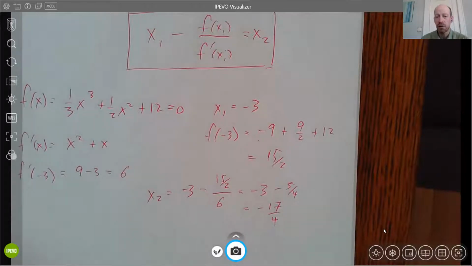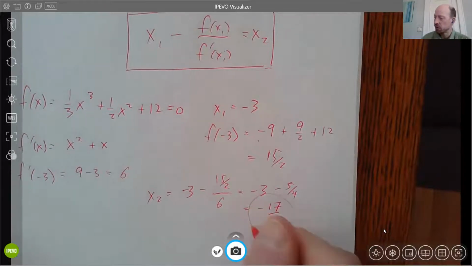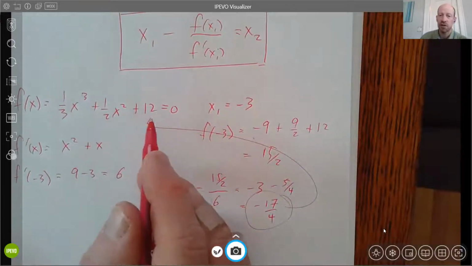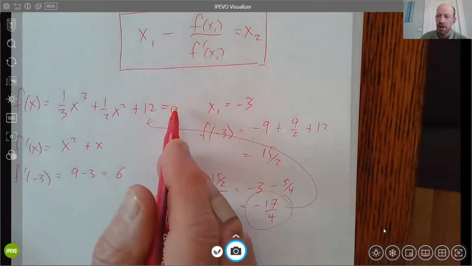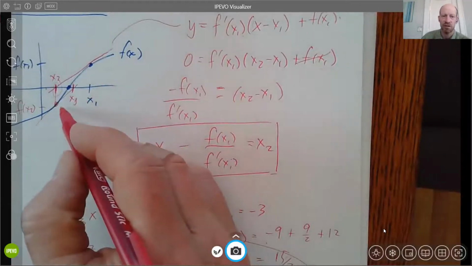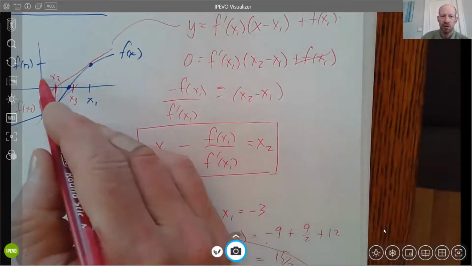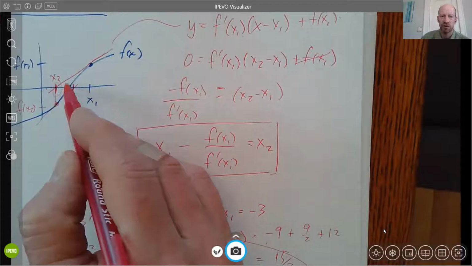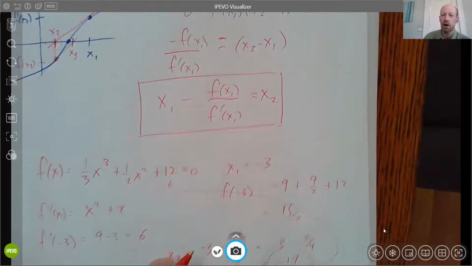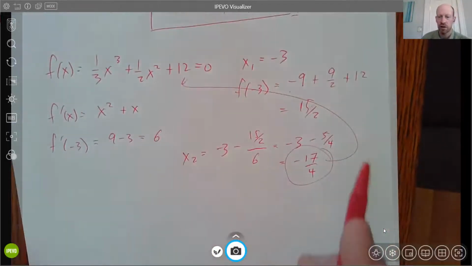So in theory, when I plug this value of x2 into my function, I should get a value that's closer to 0, right? I'm imagining that I'm getting something here, right? F of x2 theoretically should be closer to 0 than f of x1. All right, that's our goal here.